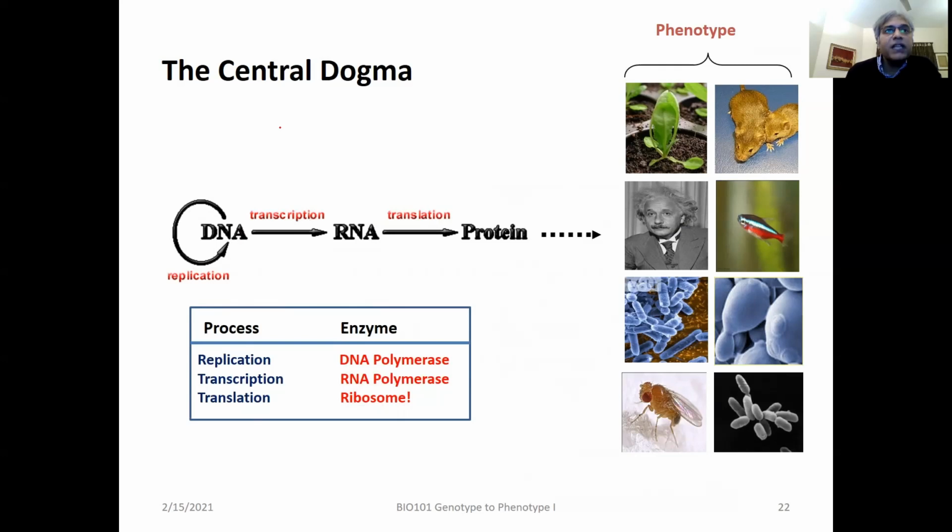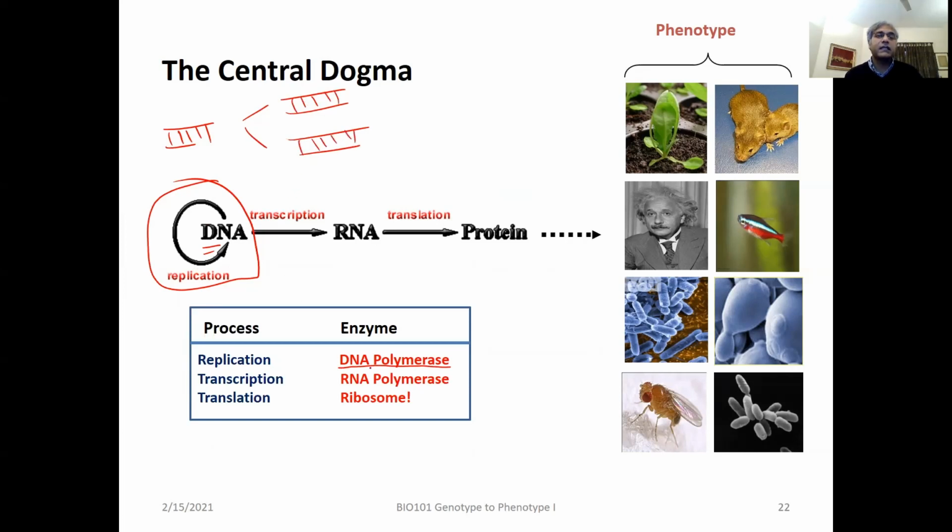How does DNA replication take place? Today's lecture will contain this information. We'll learn this concept. There are enzymes called DNA polymerase, which ensure that the DNA molecule is copied. So if this is one molecule of DNA, 2 molecules of DNA are made, and the enzyme which does this is called DNA polymerase, and the process is called replication.